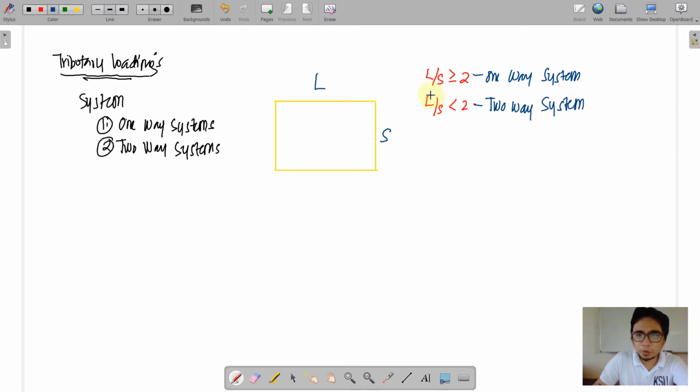If we investigate the equation here, in a one-way system there is an obvious difference between L and S, where L is significantly longer than S. If we are going to illustrate that, a one-way system looks like this.